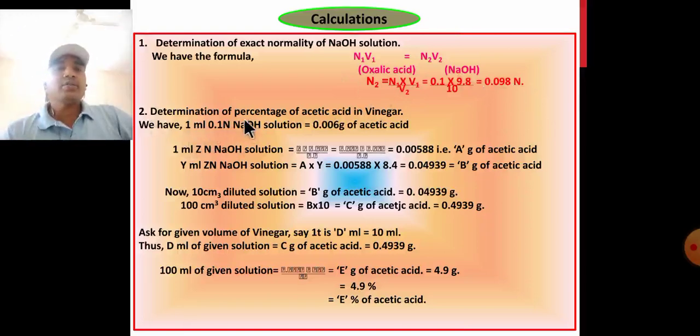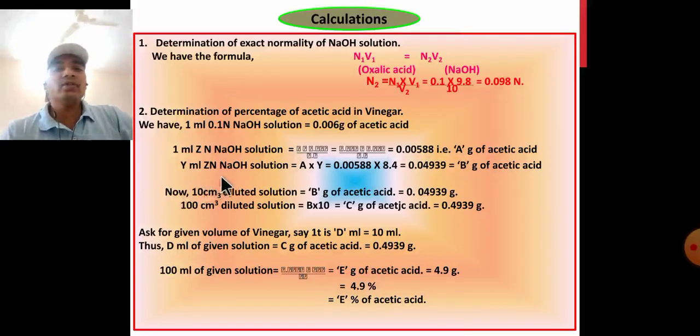Second part, determination of the percentage of acetic acid in vinegar. We have: 1 ml of 0.1 normal NaOH solution is equal to 0.006 gram of acetic acid. So 1 ml of Z normal NaOH solution is equal to 0.00588 gram of acetic acid.